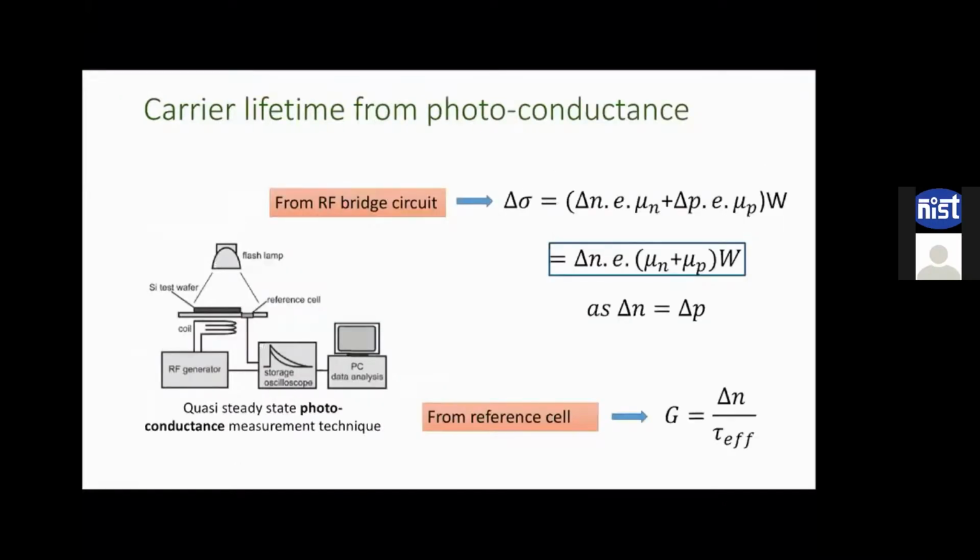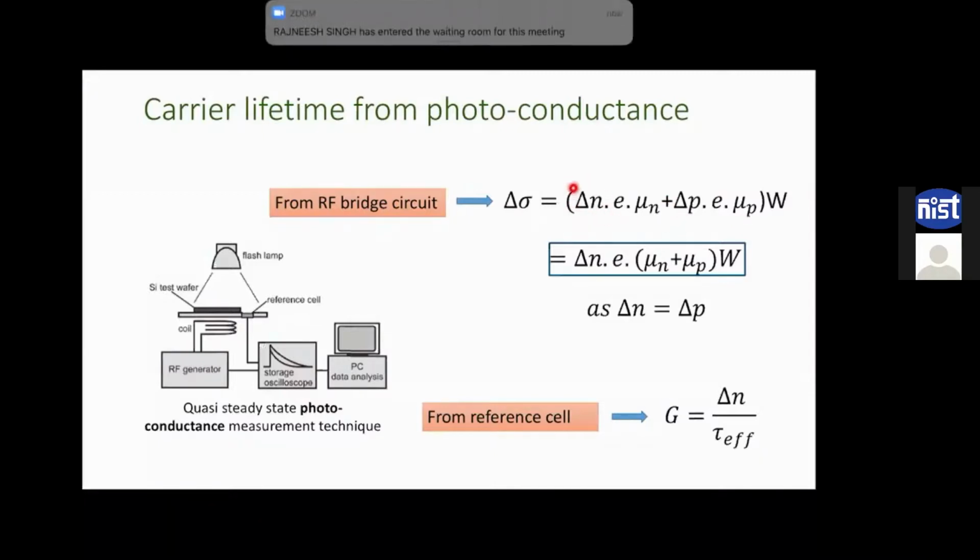As I already mentioned, the RF bridge circuit is monitoring the change in the photoconductance. Or rather, if I say this is the photoconductivity for a particular flash lamp intensity, this is obviously a function of the mobility of the photogenerated carriers and the number of the excess photogenerated carriers.